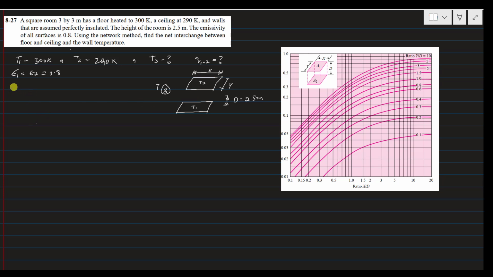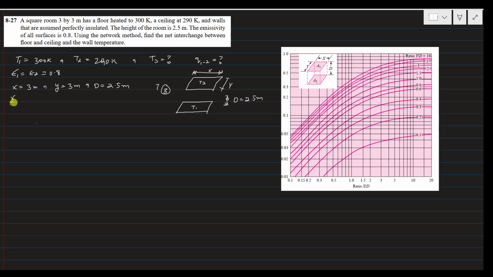Okay, so what is x? That is 3 meter. Y is also 3 meter. And D, the distance between the floor and the ceiling, is 2.5 meter.